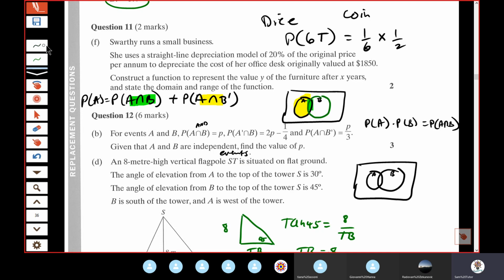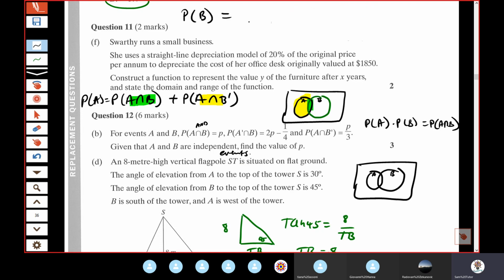And you can have the same formula now for B, and this is stuff you can memorize because it doesn't change. Probability of B would be probability of A and B plus probability of not A but having B still. Does that make sense?